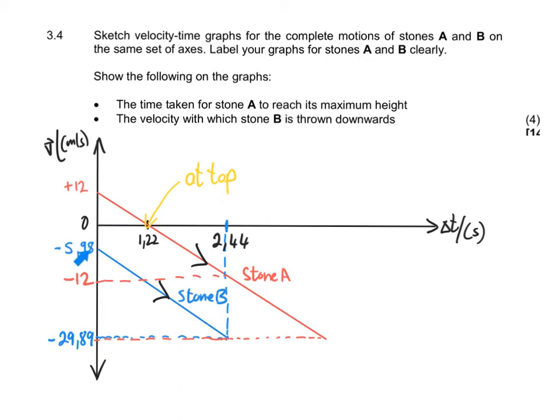Stone B starts at minus 5,98 meters per second, and as we worked out, after 2,44 seconds, it travels at a maximum velocity of minus 29,89 meters per second downward.